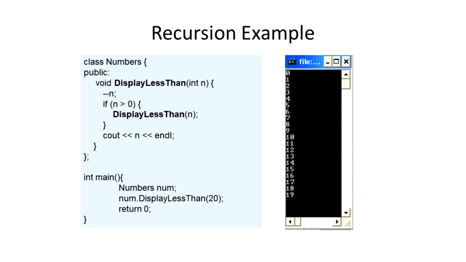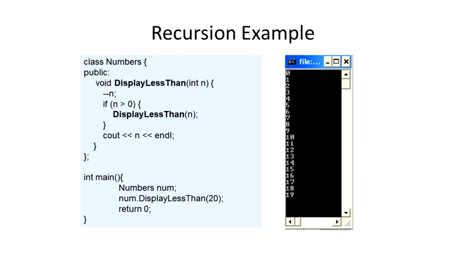So the first time we call this method, we pass 20 in, and then the next line in the method is decrementing n, so it goes to 19. And then the next step is to compare n and see if it's greater than 0, which it is, 19 is greater than 0. So then we call DisplayLessThan, passing it the new value of n. Okay, so we actually go right back to the top of the method and then start again.